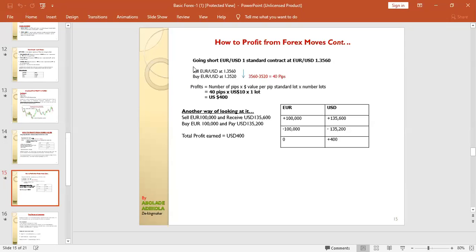But the problem is that a lot of people only think they are selling, and they are forgetting that the moment their profit target is hit and they close the trade, either manually or through take profit, they have bought it back, which means the round turn of that transaction has been completed.